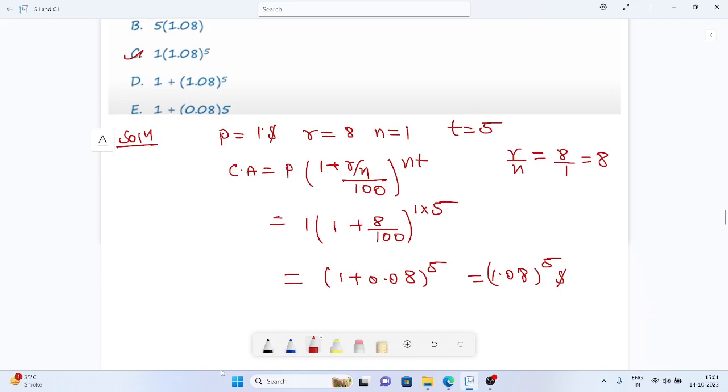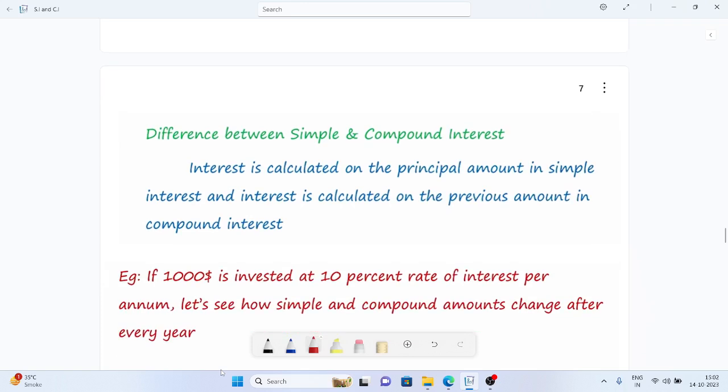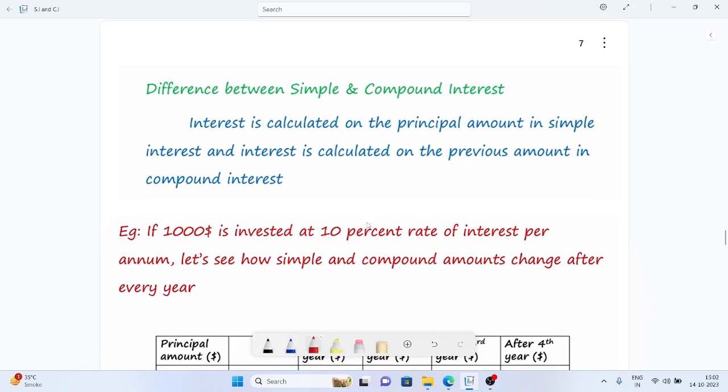Then we move forward. Now, the difference between compound interest and simple interest. What is the difference? In simple interest, interest is calculated on the principal amount, and in compound interest, interest is calculated on the previous amount. What does this mean?